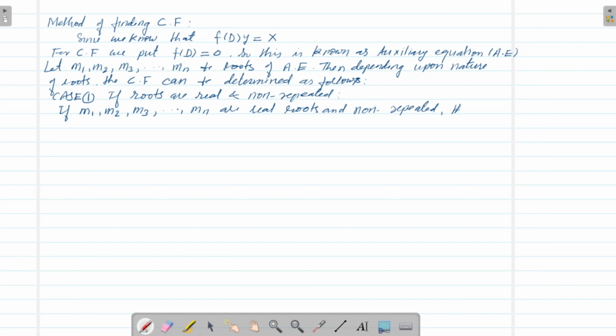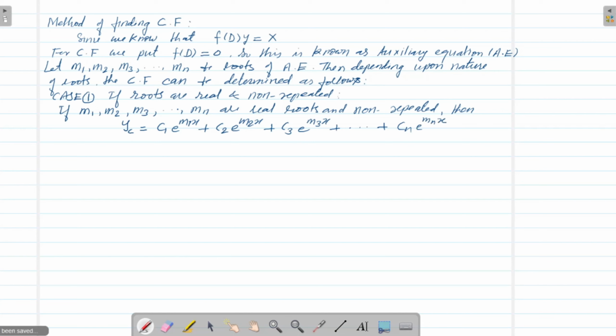Then we can write the complementary function yc equal to c1 e raised to m1x plus c2 e raised to m2x plus c3 e raised to m3x and so on, up to plus cn e raised to mnx.